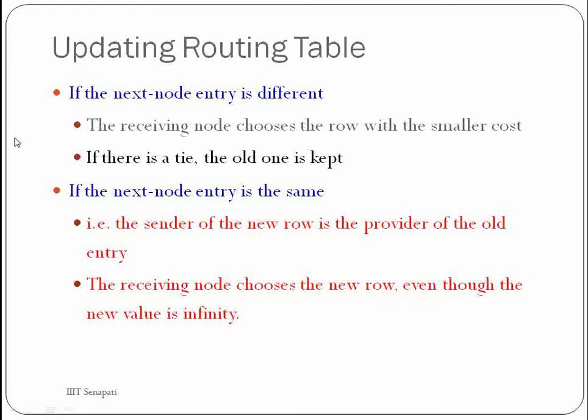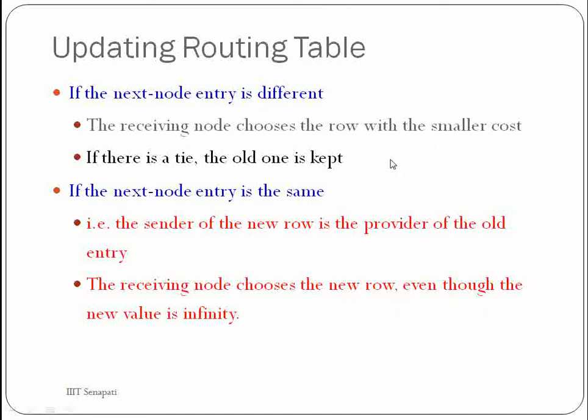So when it is updated, see if the next node entry is different or if the next node entry is the same. If the next node entry is different, then the receiving node chooses the row with the smaller cost.